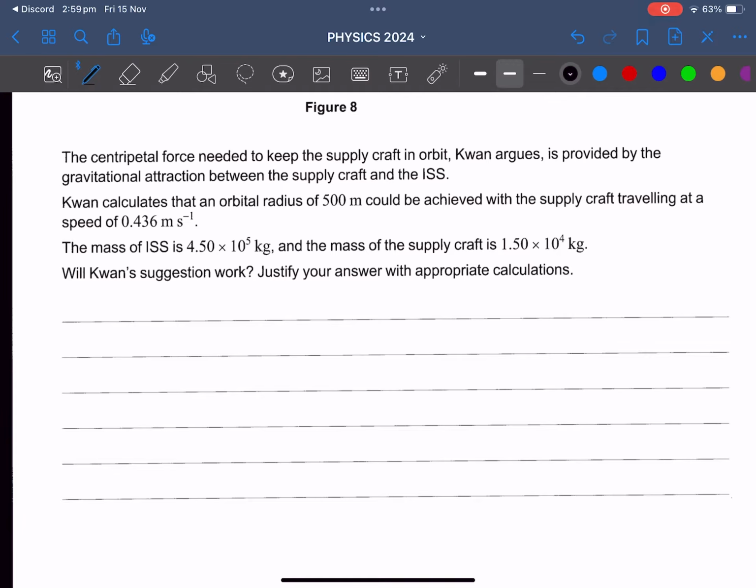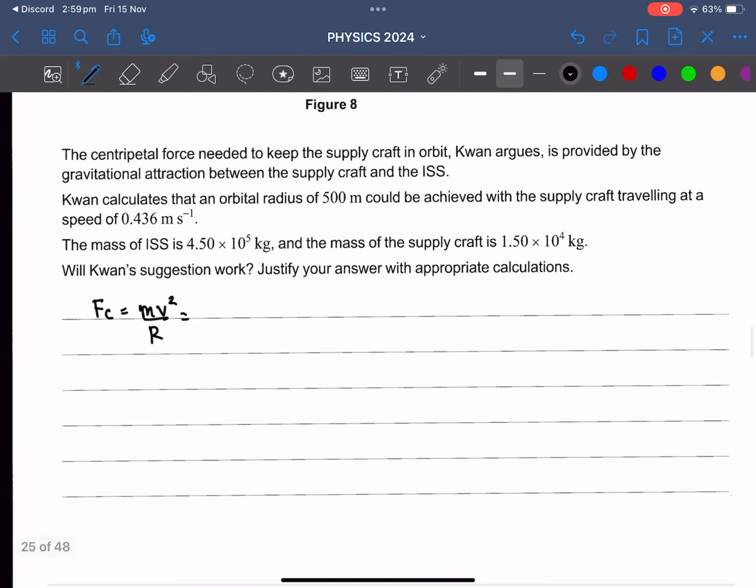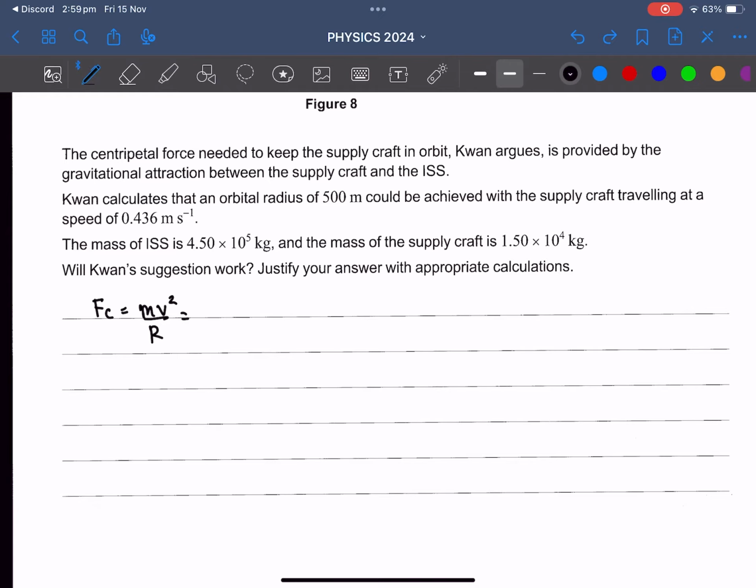So we basically have to calculate the centripetal force that is required, and then see if the gravitational force actually exceeds that. So let's start by calculating the centripetal force. Fc is equal to mv squared on r. Our small m is the mass of the supply craft, 1.5 times 10 to the power of 4, and we are given the velocity of 0.436, squared. The radius is 500 meters.